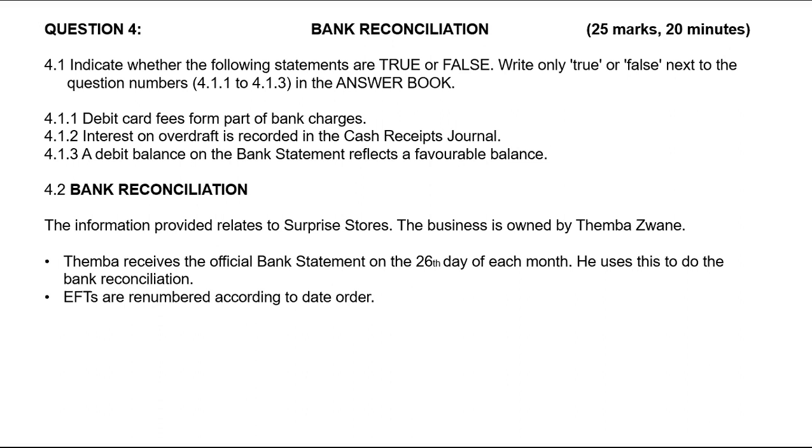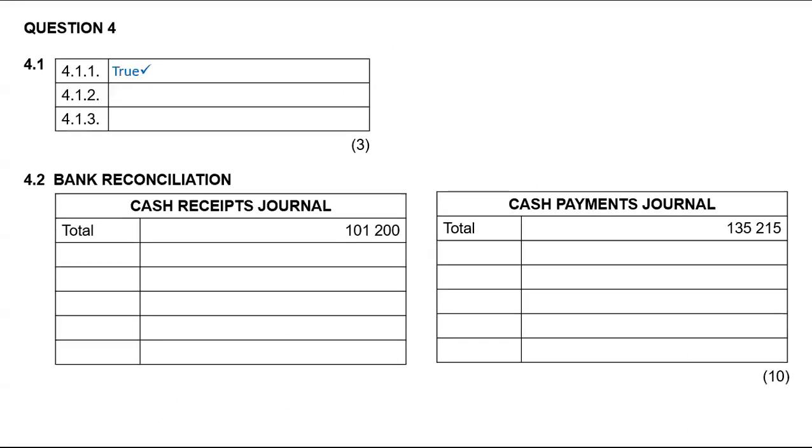Interest expense is paid out, and an overdraft is a liability. Any interest that goes with a liability will be interest expense, and we need to pay it. And the fact that we need to pay it, it will be recorded in the cash payments and not the cash receipts. Only interest on favorable bank balance will be recorded in the cash receipts.